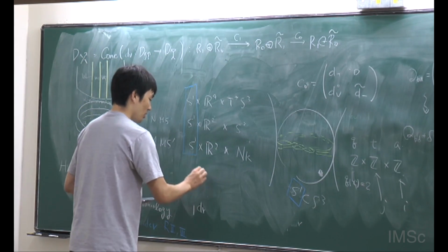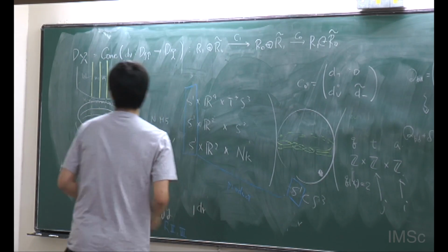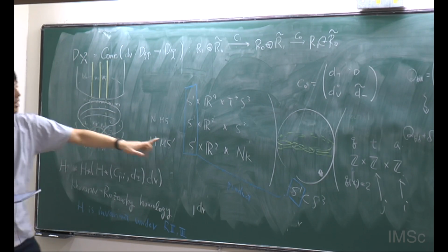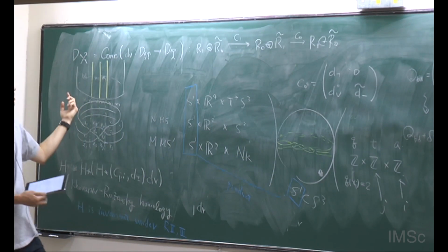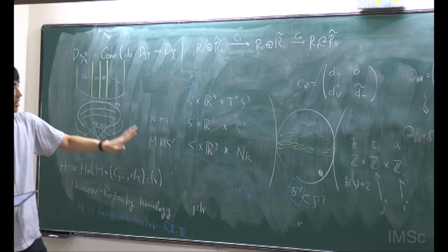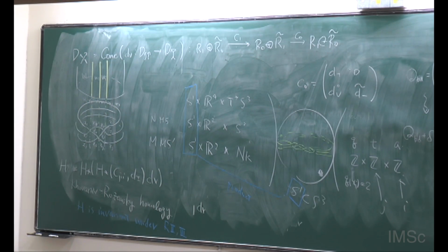So this product is essentially this cylinder. This time direction is this S1, and this equator is given by this thin tube, and the theory which describes the physics on this plane, we speculate, is the Landau-Ginzburg model, but we don't have a first principle explanation of why the Landau-Ginzburg model appears.